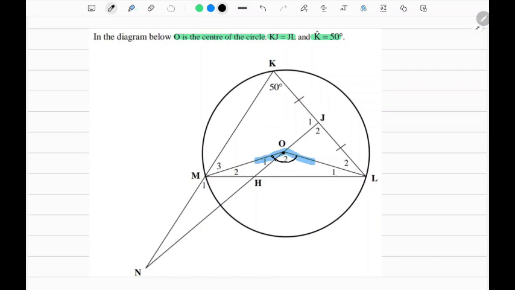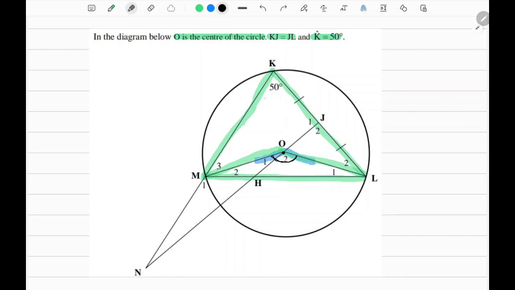To find this angle, we need to take note of the chord ML. ML subtends an angle at K, a point on the circumference, and the very same chord subtends an angle at O, a point at the center of the circle.